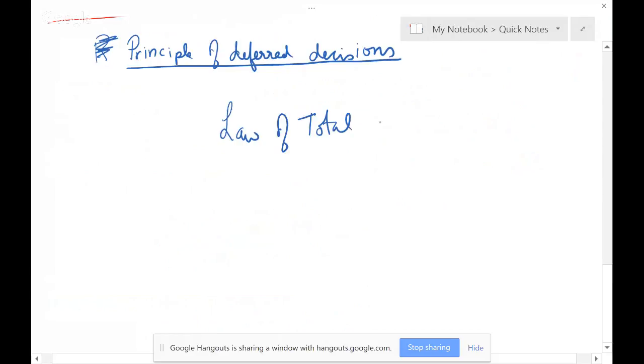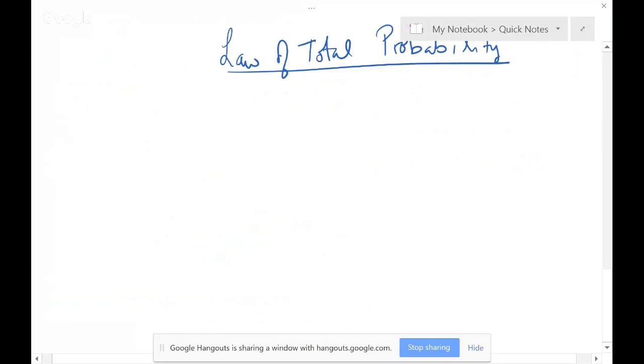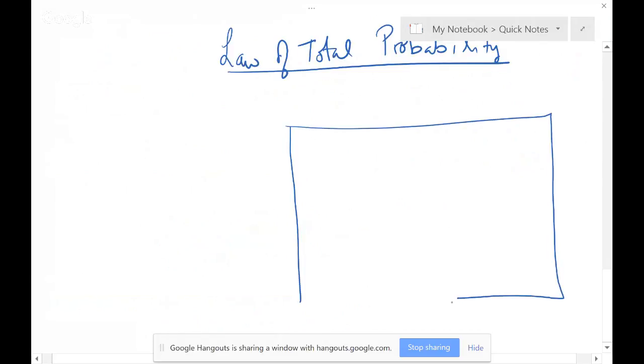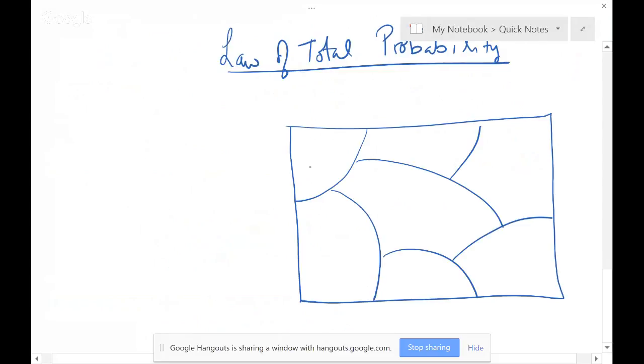Okay, so let's look at the law of total probability. In this context, we take the universe, and we partition the universe into disjoint events E1, E2, and so on: E1, E2, E3, E4, E5, E6, and let's say E7.